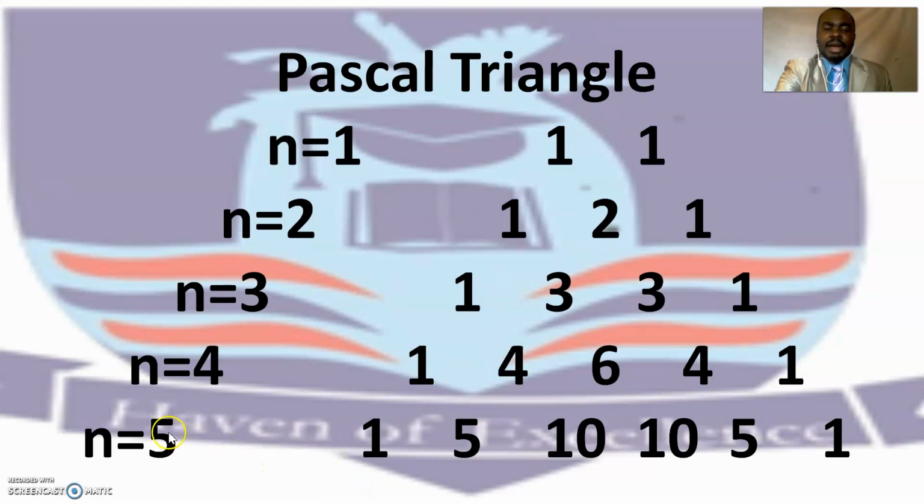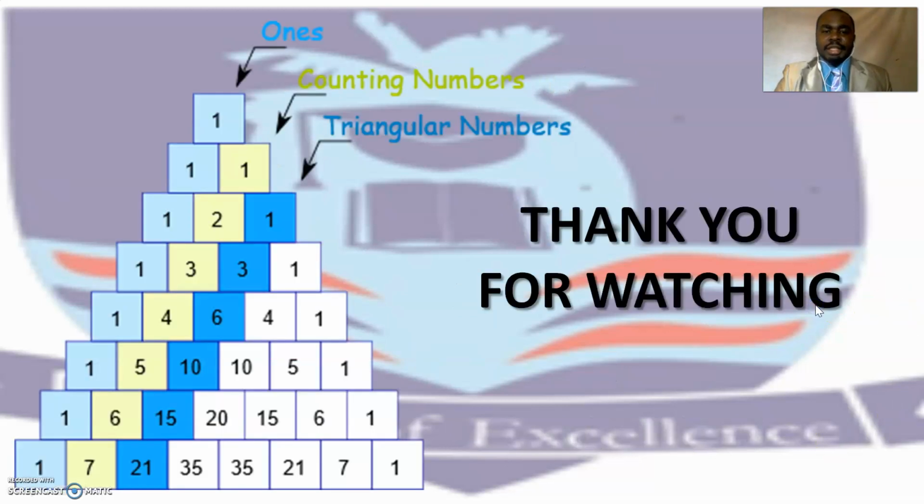And when you have a binomial raised to the power of 5, you will have 6 terms with the coefficients 1, 5, 10, 10, 5, 1. This is what a Pascal triangle represents, and this is one of the applications of a Pascal triangle. I hope you were able to learn something new today.